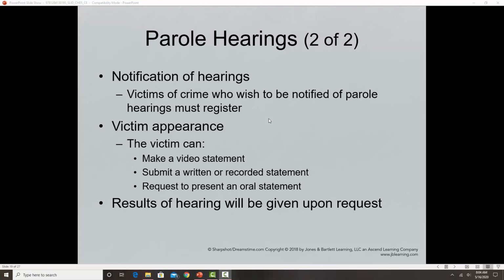They can make a video statement, they could submit a written or recorded statement, or they can request to be present and give an oral statement. So it's really up to the victim on what type of appearance, if they want to appear at all, and what type of appearance they want to make. And the results of the hearing will be given to the victim upon request.